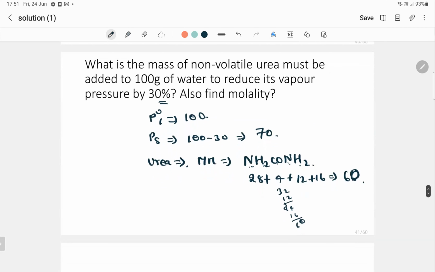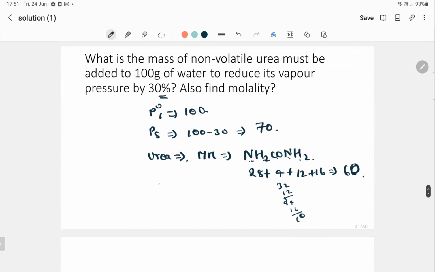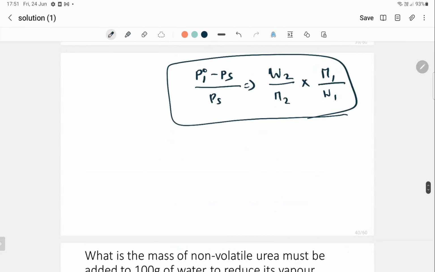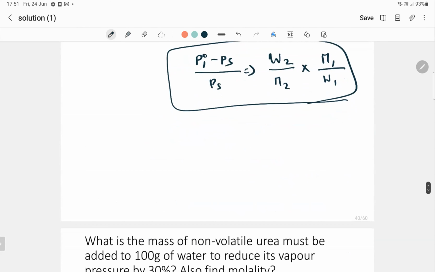Correct? 60, correct. Now here there is water, so water given mass is 100, molar mass is 18. Now just put everything in this equation, calculate and see.